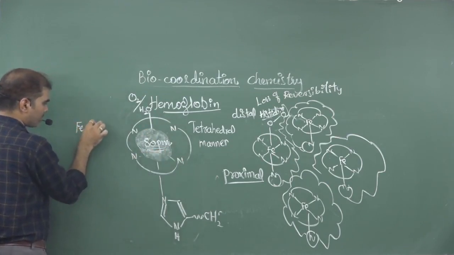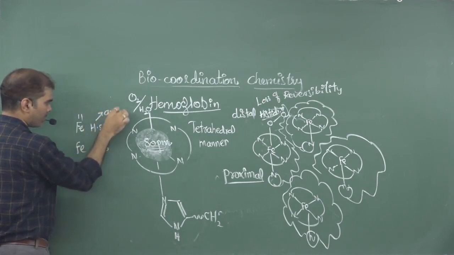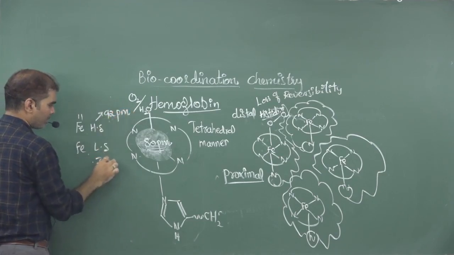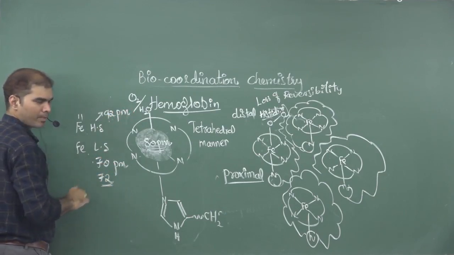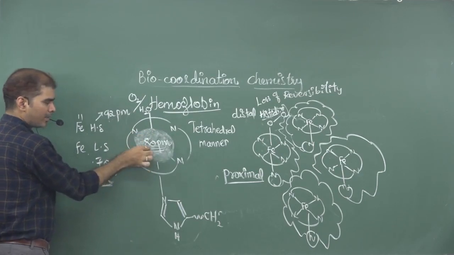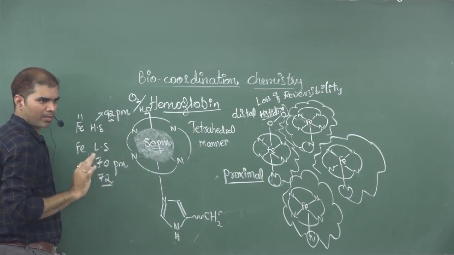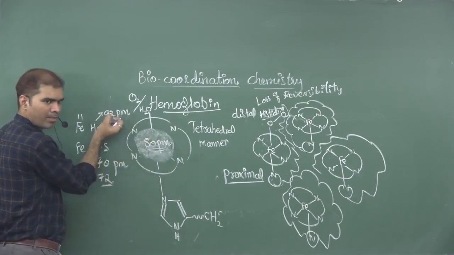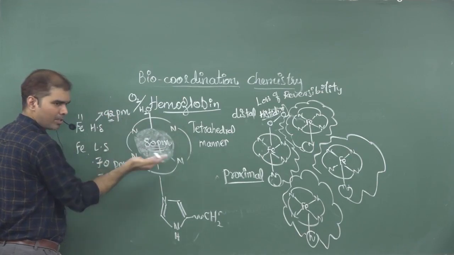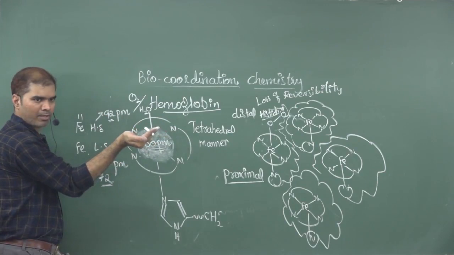Iron high spin and iron low spin have very different sizes. High spin is 92 picometer, low spin is around 70 or 72 picometer. The porphyrin's core is 80. In this 80 picometer, can 92 picometer sit? It cannot sit. Space is only 80, but this is around 90 picometer. It cannot sit into the pore.